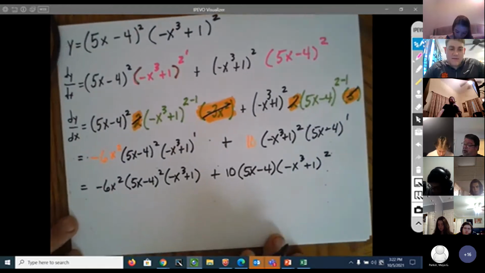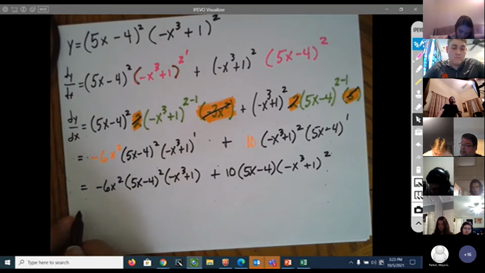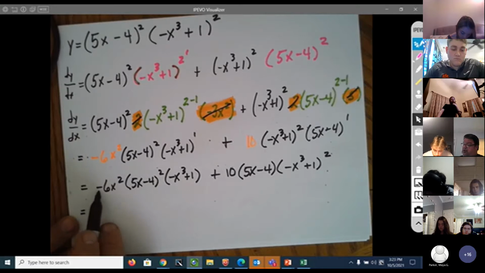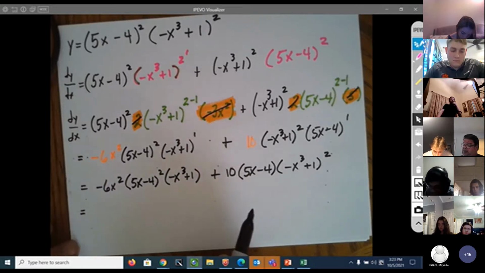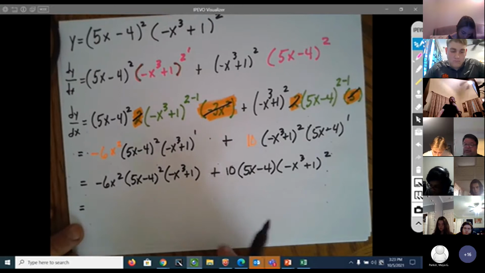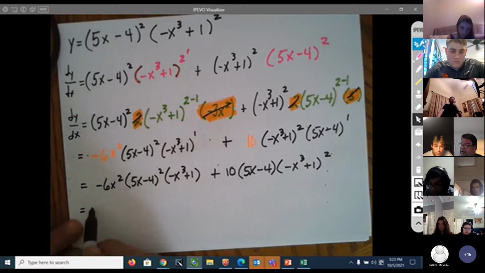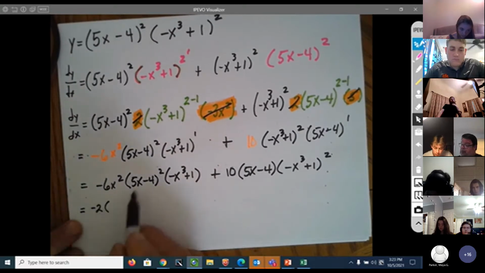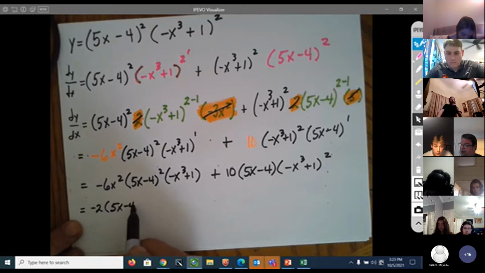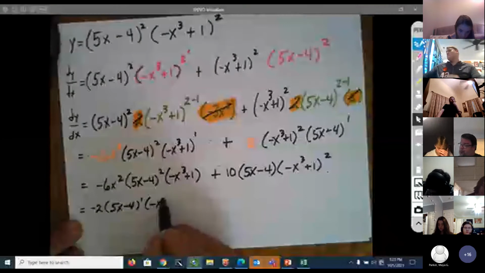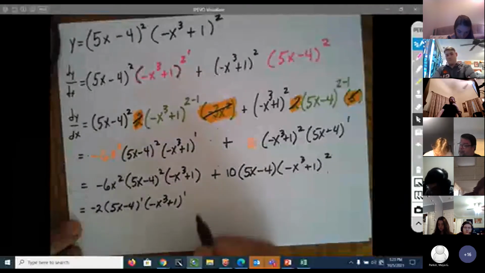So we can factor out, I don't know, we could factor out a negative 2 again. The only reason I'm factoring out a negative 2 is because this one starts with a negative. You could factor out a positive 2 if you wanted to. It doesn't matter. So I'm going to factor out a negative 2, and a (5x - 4) to the first power, and then a (-x^3 + 1) to the first power.